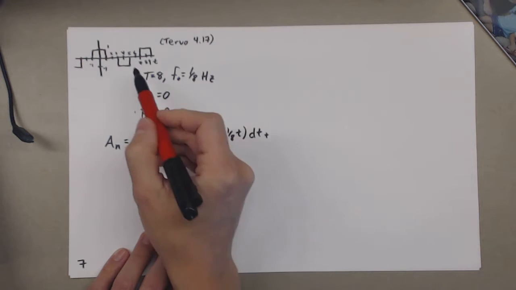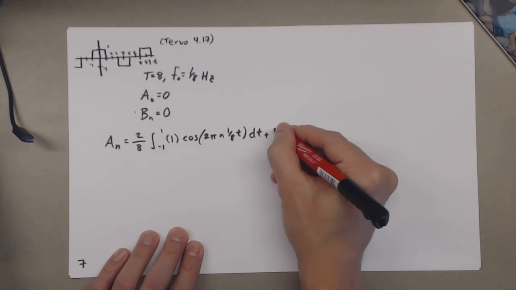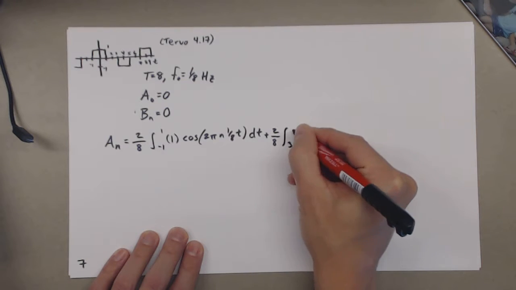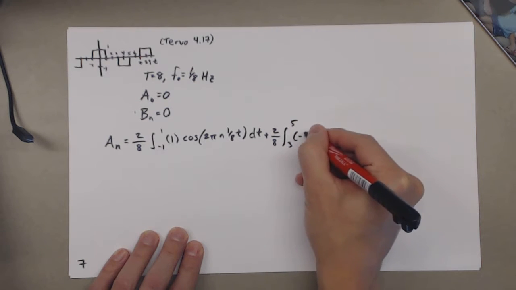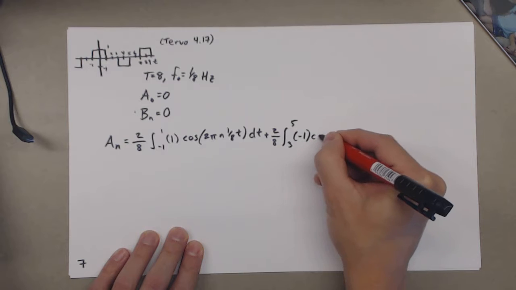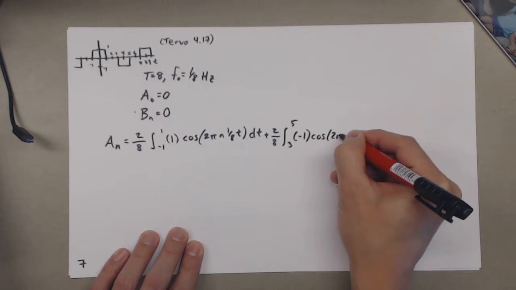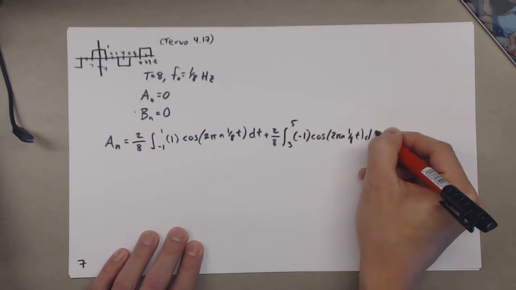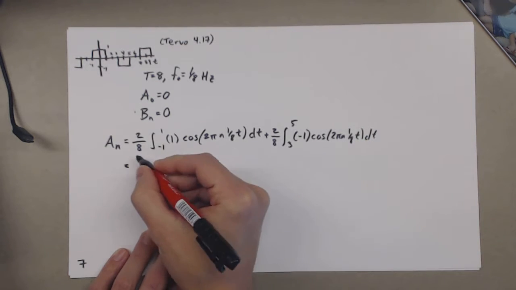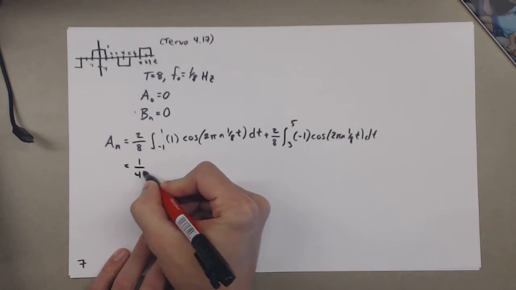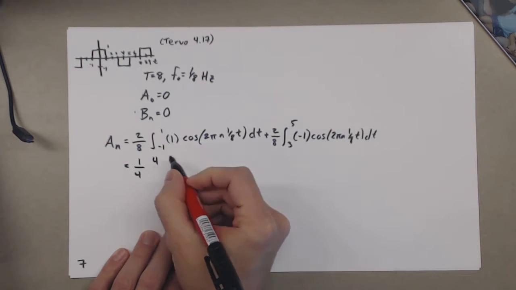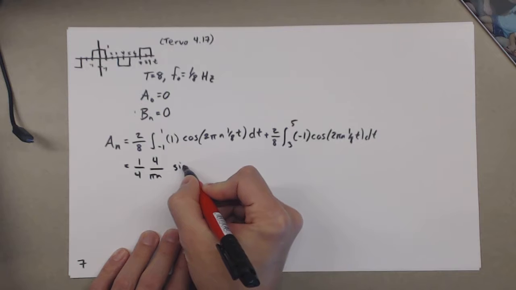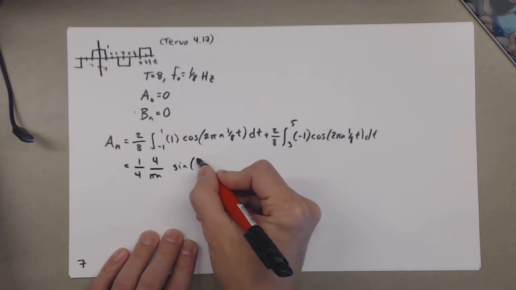And then we have this other piece in the period that's non-zero from 3 to 5, and it has a value of -1 there, and then again the cosine function. So we can very easily do the math here. Integrate a cosine to get a sine function.